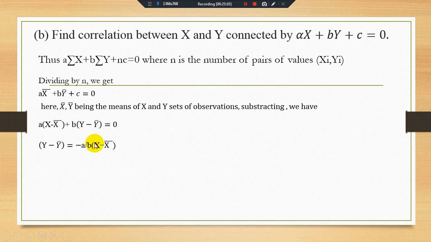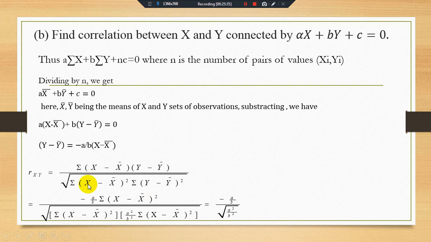From here we want to get the value of Y minus Y bar, so this part is moved to the other side of the equal sign and becomes negative, and B is divided on the other side.